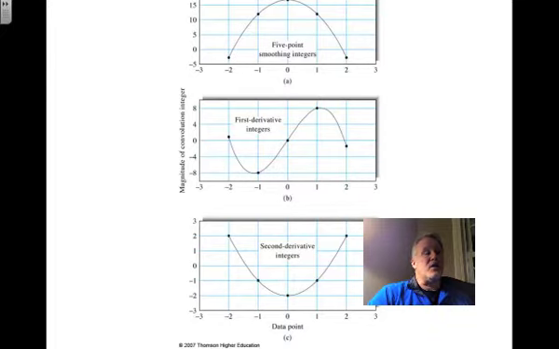Sometimes when you're looking at your data, you may need to change the way you look at it. Okay, and so here's this 5-point smoothing of integers at the top. Okay, so that's a signal, right? That's a peak. But you may want to look at it in a different way, and you may want to look at it with change over time. Okay, that's what a first derivative would be.